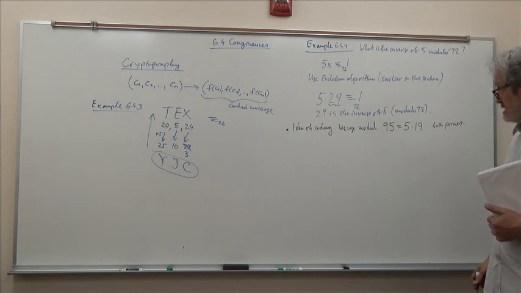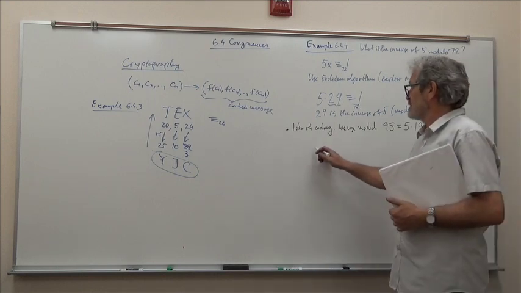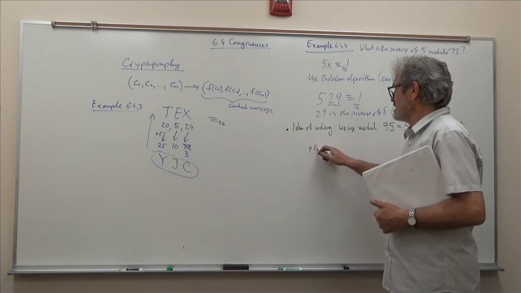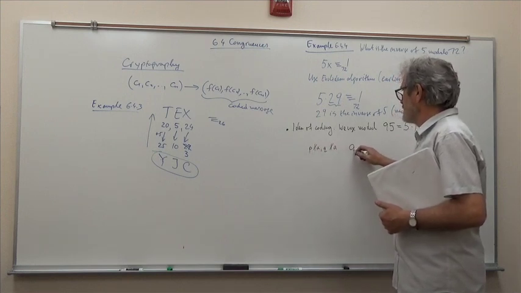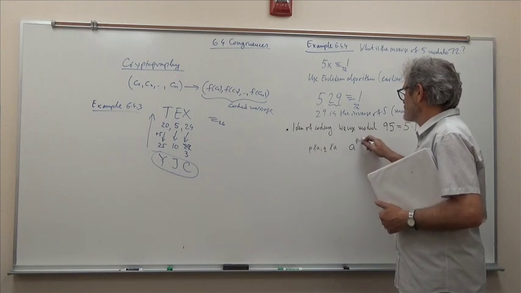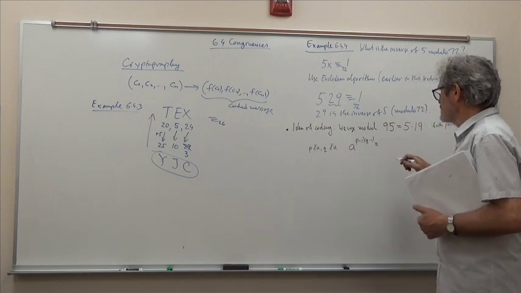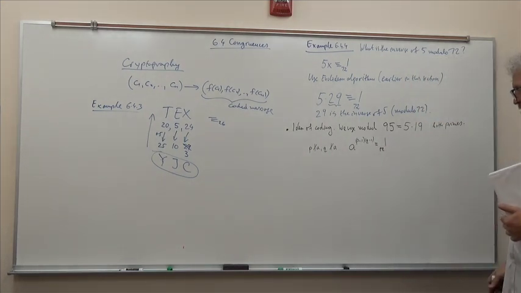The idea is the following one. According to the theorem that we saw a minute ago, if p does not divide a, and q does not divide a, then a to the (p minus 1)(q minus 1) will be congruent to 1 modulo pq.